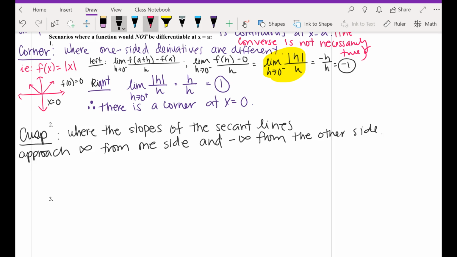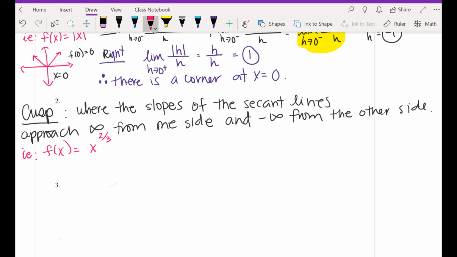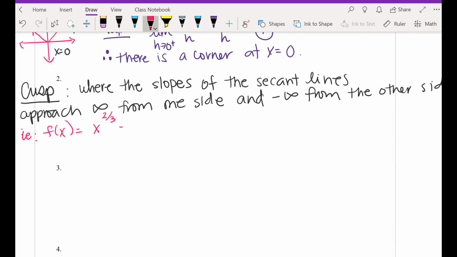So an example would be f of x equals x to the power of 2 divided by 3. By the way, if I were to write a radical for this, how would you write this in radical form? Third root of x squared. Okay.